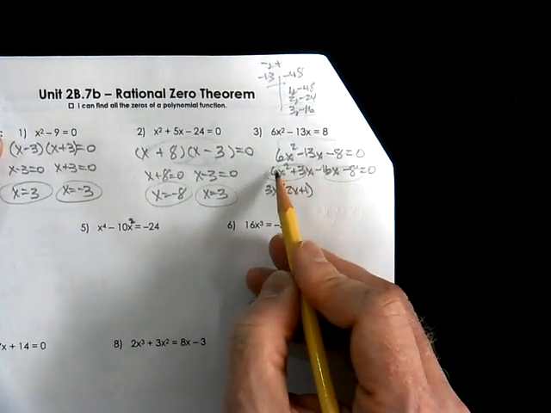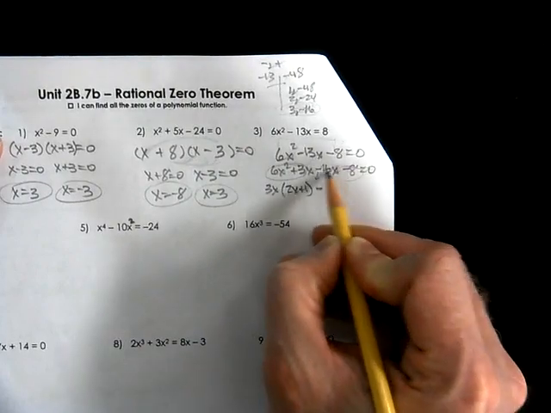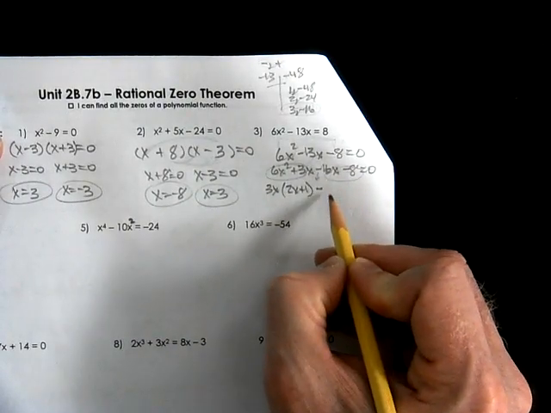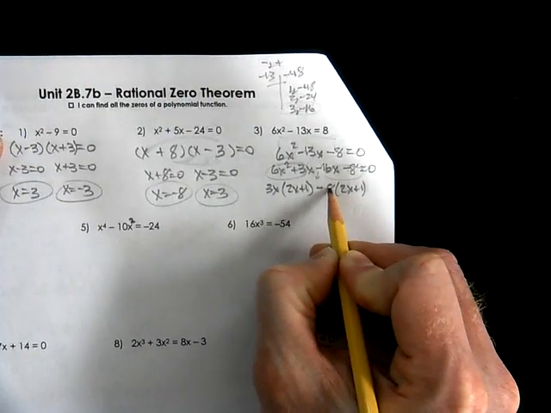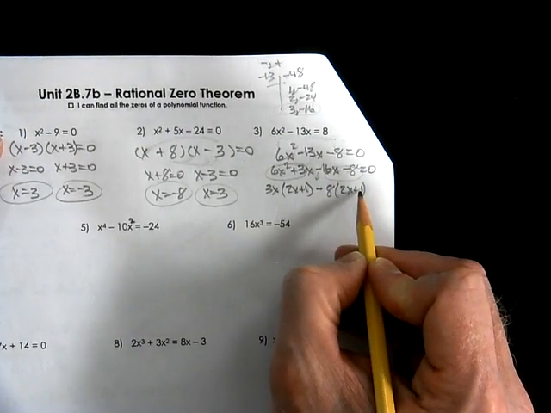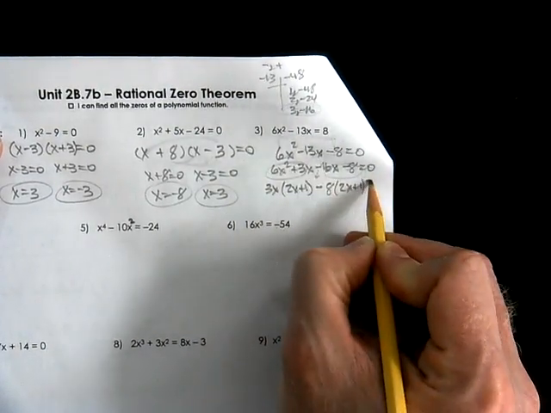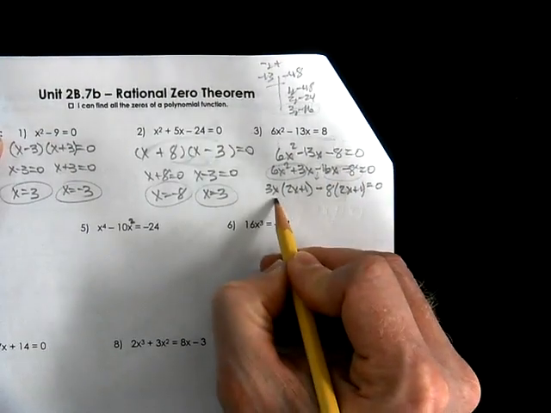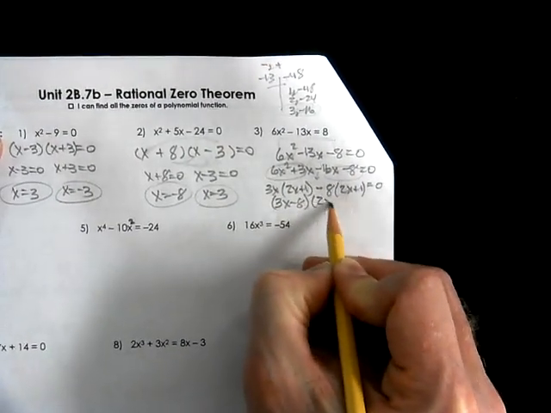What's your GCF that comes out of the first group? Bring down your sign. What's the GCF that comes out of the second group? A negative 8 and a positive 1 makes a negative 8. That's a common mistake. Notice that the parentheses are exactly the same. They have to be exactly the same. If they're not exactly the same, then factor by grouping does not work.